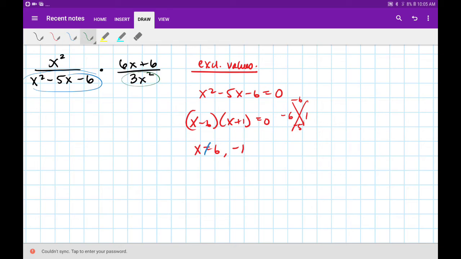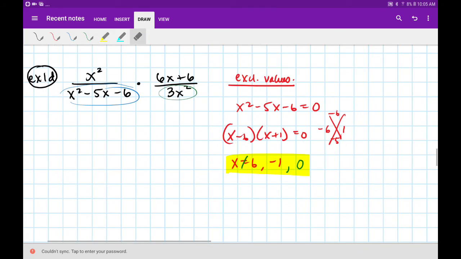We have to also make sure, just by looking at it, we can tell x cannot equal 0. Right? If we set that equal to 0, we could solve and say x cannot equal 0 either. So these are our excluded values. Now we're going to multiply. Let's multiply.